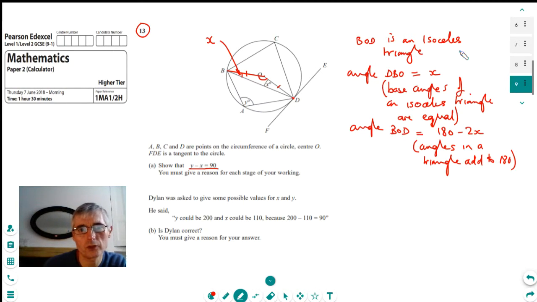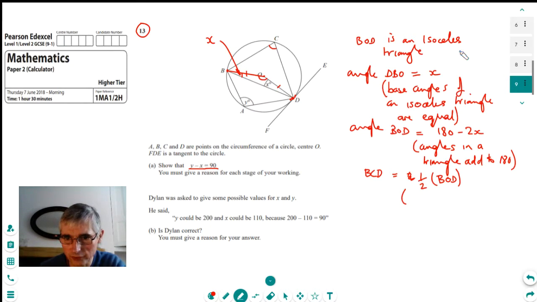Now, there is a rule that an angle held by an arc, so in this case BD is an arc of this circle, at the centre of the circle is twice that held by the same arc at the circumference. So we can actually say that BCD, the angle at the circumference, is equal to half times BOD.